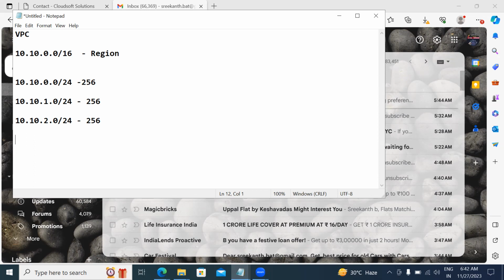It's a classless way of representation. If you go for /8, there is no class. But the superset has more IPs that we are dividing into multiple subnets. Are you able to get it?